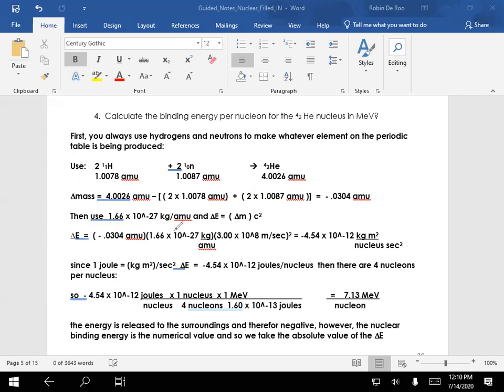We can use a conversion factor of 1.66 times 10 to the minus 27 kilograms per AMU. And when we do that, then we will have the units we want. So the AMUs are going to cancel, and you're going to get kilograms.